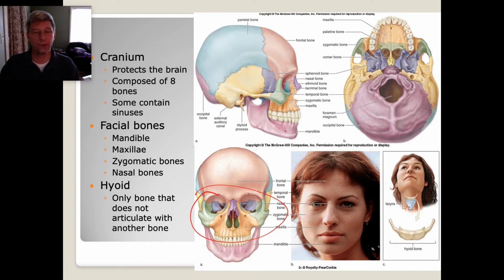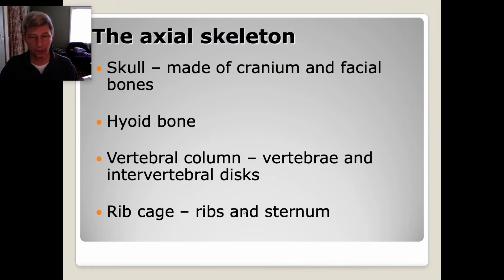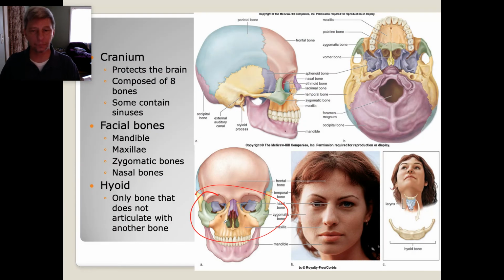Some of the facial bones that you want to be aware of are the mandible, which is your lower jaw, the maxilla, which is the upper jaw, essentially, and then the zygomatic bones. These are kind of cool in that if you put your hand between your 2 jaws and clench your jaw, you can feel the temporal muscle there.